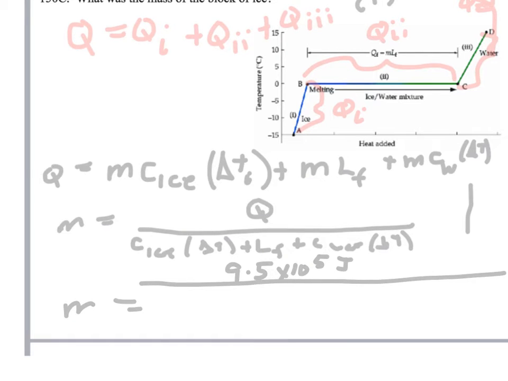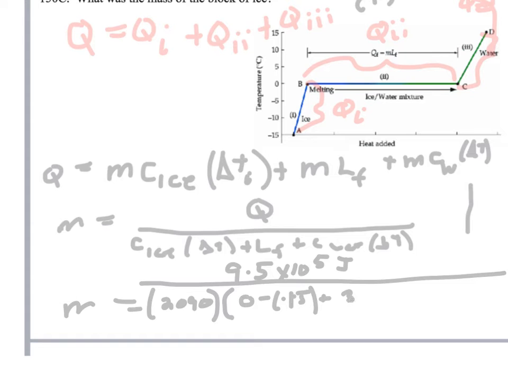And then we have our specific heat of ice. I'm going to leave off the units just for space's sake, but know that the specific heat is joules per kilogram Celsius. And then we're going to multiply by our temperature change. Remember, we're going from A to B for this part, so the final temperature is 0 minus a negative 15.